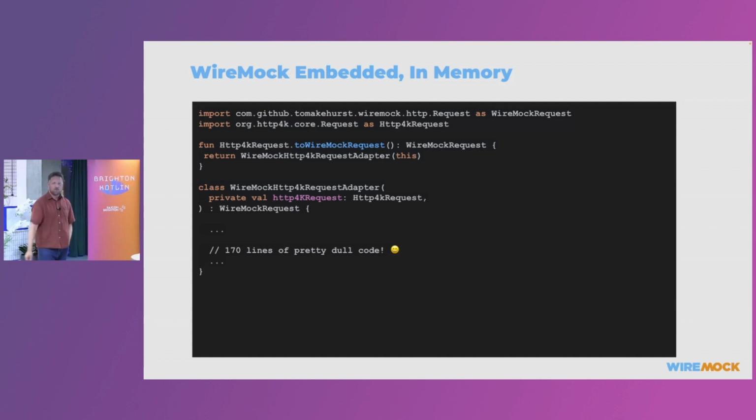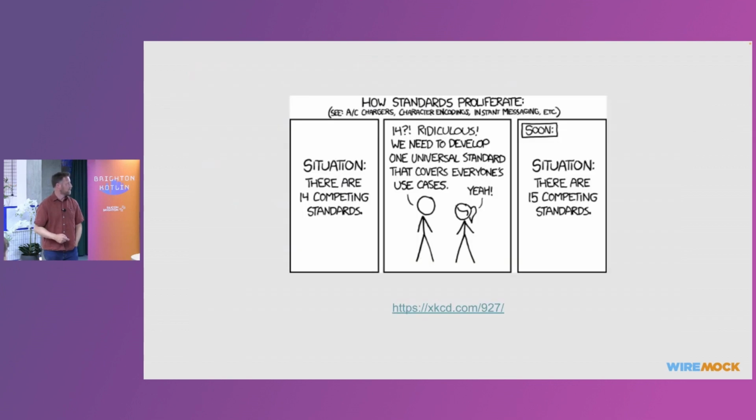And then you get 170 lines of really dull code that I'm not going to force you to sit through whilst I click. One of the joys is dealing with endless request and response interfaces, all of them ever so slightly different over the years. I would love to write the ideal perfect one to replace them all, but it'll just be a case of this: we'll end up with yet another, which will be my one, then I'll have to adapt from my one to everybody else's.